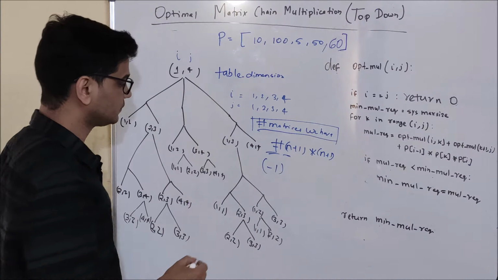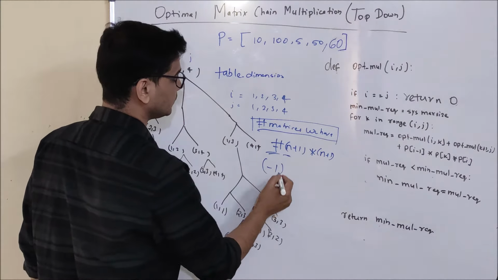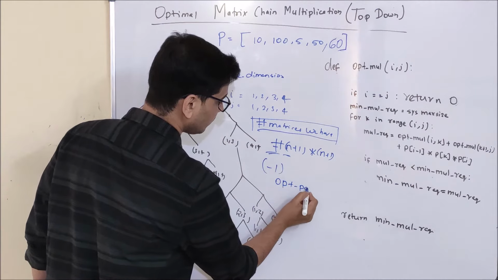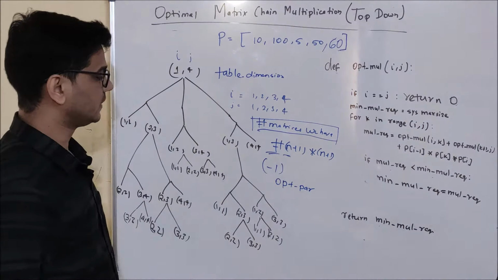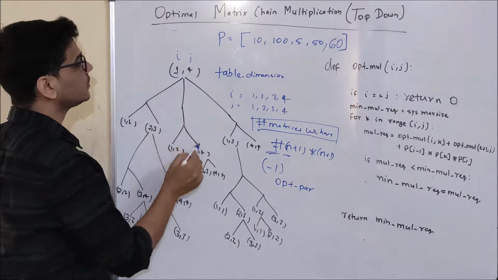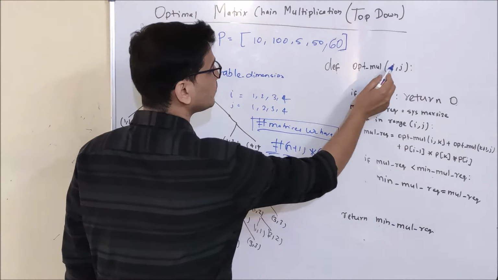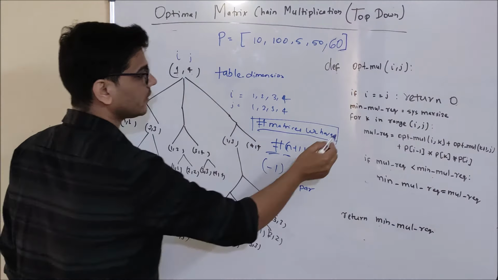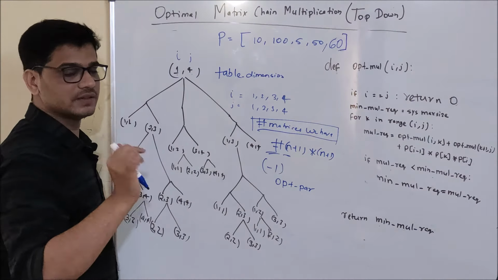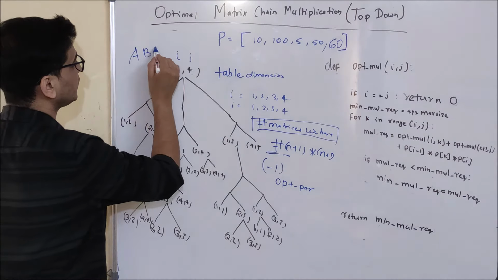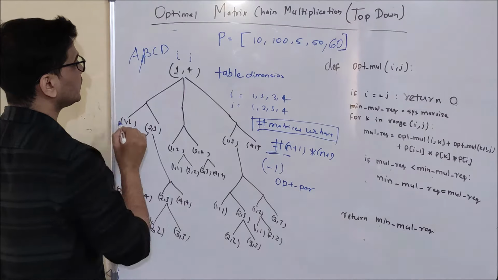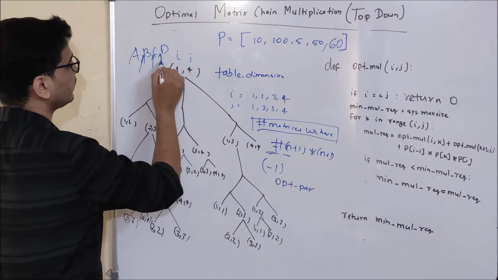And I will create one more table, and that table name will be optimal PA, that is, optimal parenthesis. See, here when I gave a function call for 1, 4, that is optimal 1, 4, it ran for k in range i to j, that is, it tried 3 parentheses. If you remember, ABCD were the matrices. Here first I gave parentheses, then here and then here.